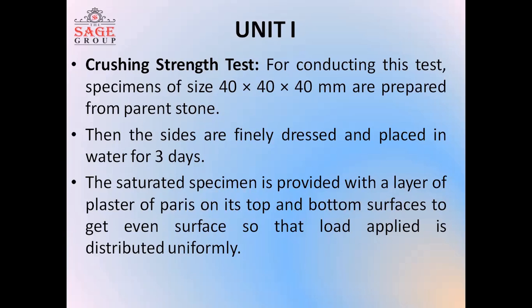The saturated specimen is provided with a layer of plaster of Paris on its top and bottom, so that the surfaces become even and when the load is applied, it is distributed uniformly.